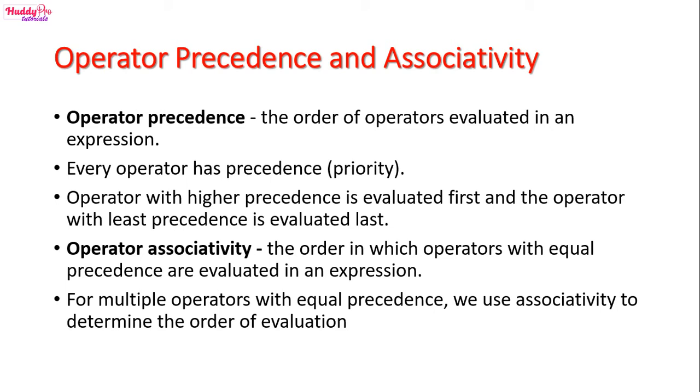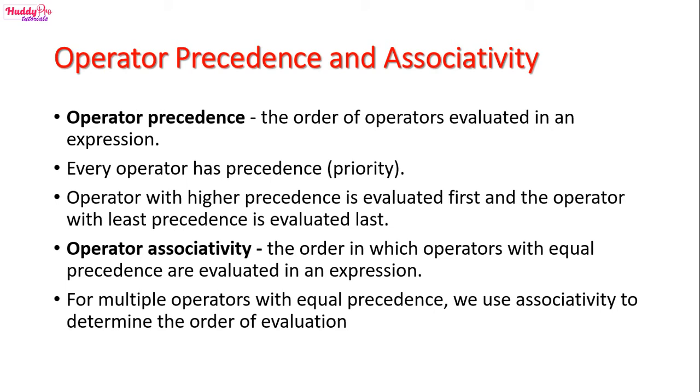So in short, precedence is the priority. What does this mean? When there is more than one operator in an expression, the operator with higher precedence is evaluated first, and the operator with least precedence is evaluated last. What about operator associativity?